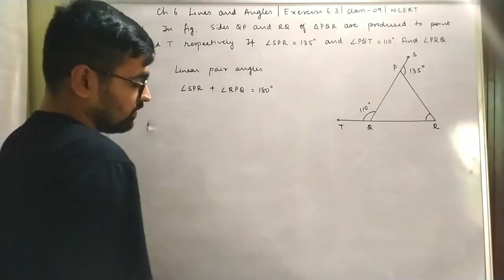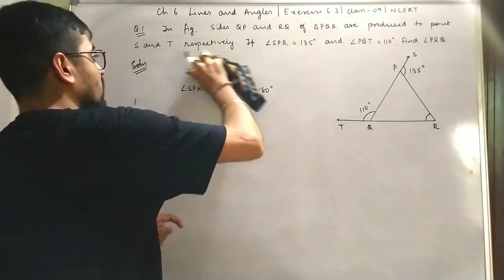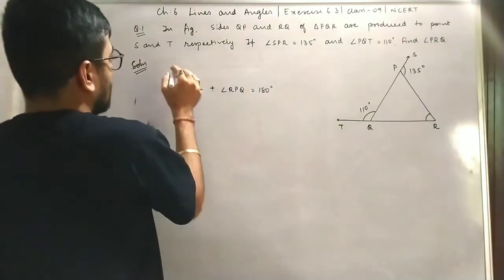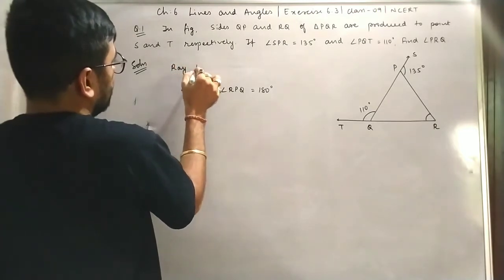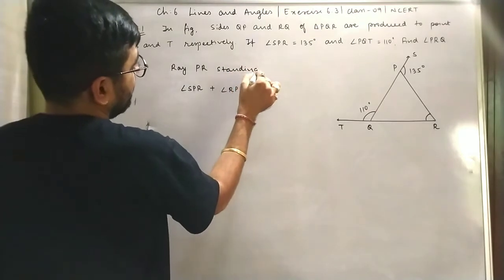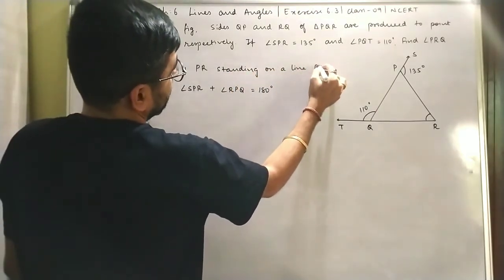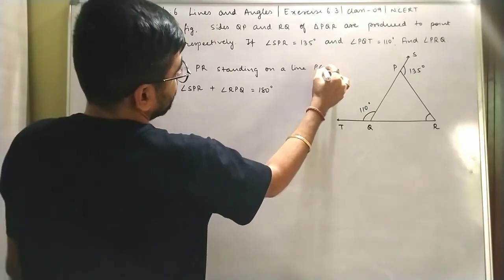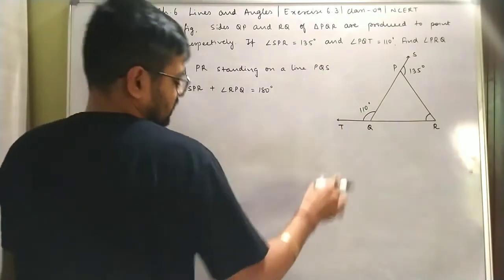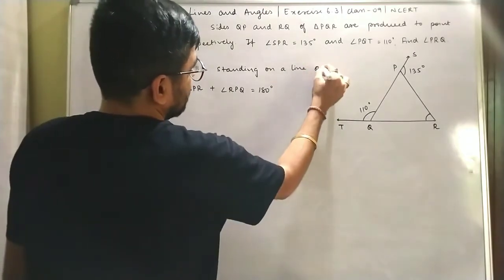This sum is 180. If you want, you can write here that ray PR is standing on a line, let's say line QS.